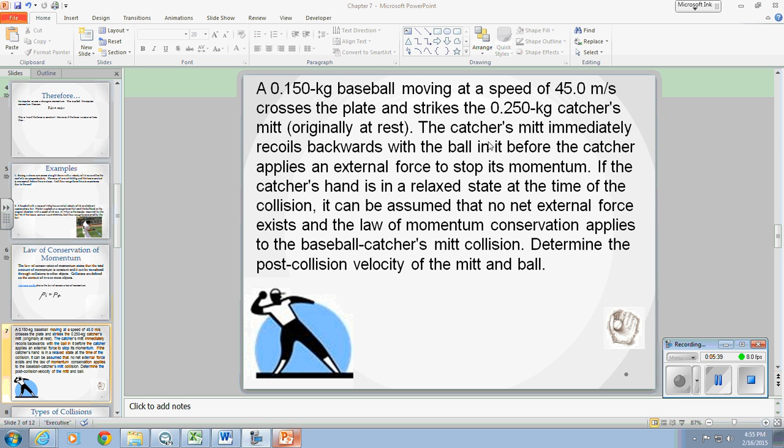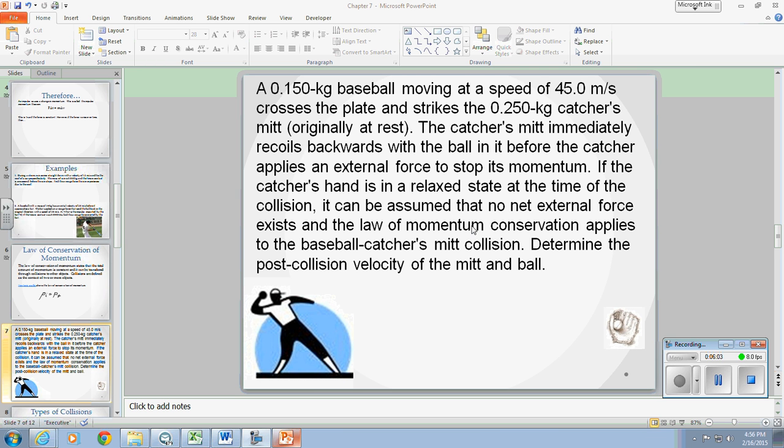Take some time to read the example problem that we're going to go over. It's basically a baseball being thrown into a catcher's mitt. If we assume the catcher's hand is relaxed at the time of the collision, we can assume that there are no external forces.